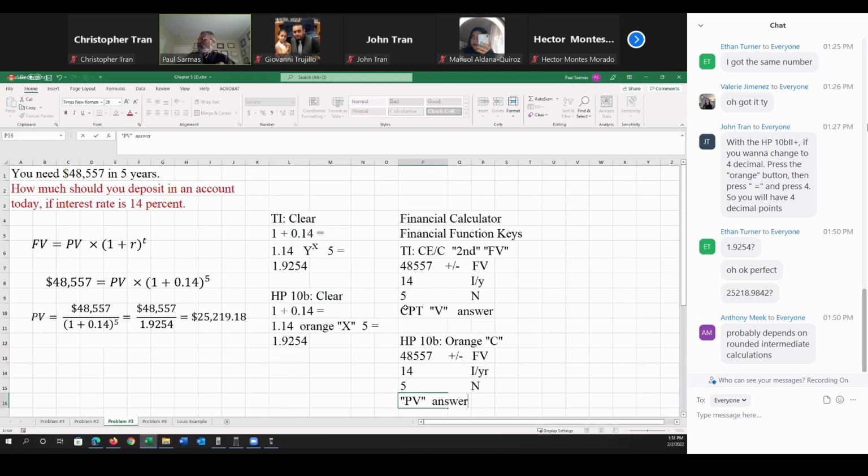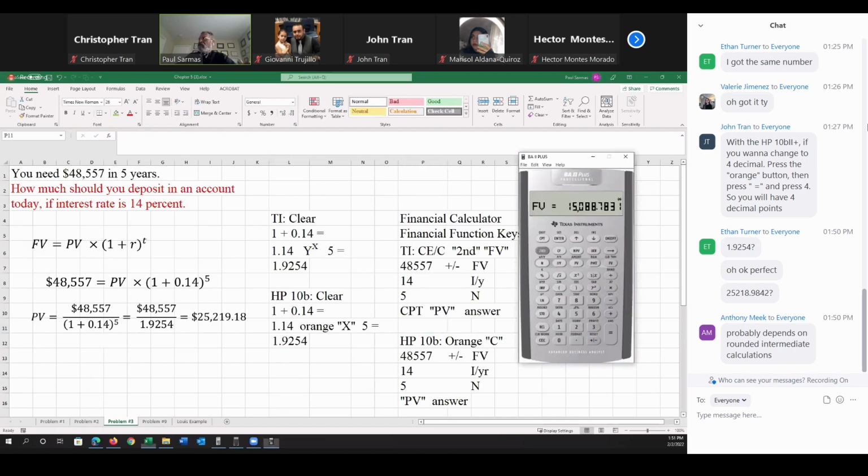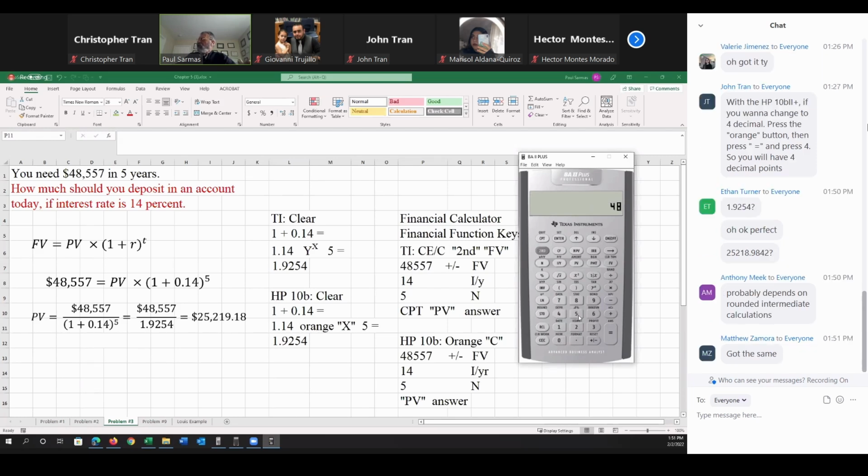And let me add a PV here. This is compute. There is no PSV, so it's present value. So here it is. CEC, second, FV. I have 48,557.